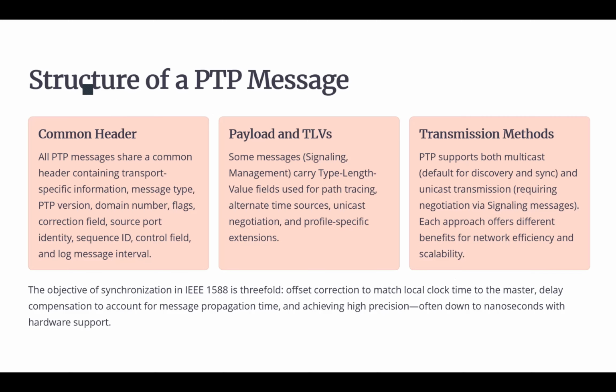The common header is the beginning of the message in PTP, and it includes the essential information for identifying, routing, and processing each message. Think of the mail situation, where you have an envelope with the details on it, like what is the type of the message, who is the sender, what is the version number, and the timing flag, so the devices know how to handle that message.